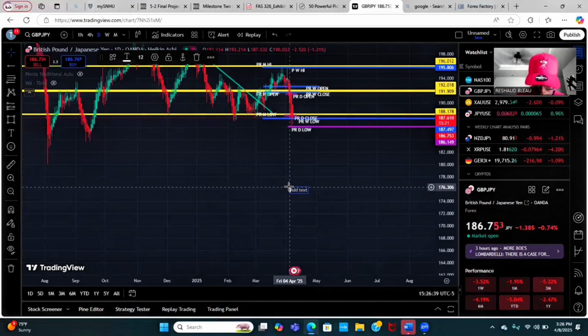So price broke previous monthly low, previous weekly low, but not the previous daily low.